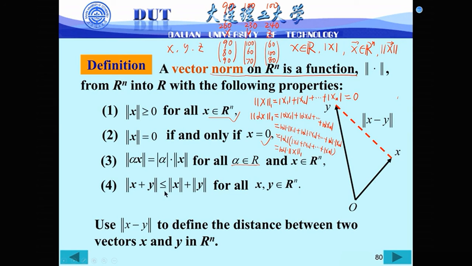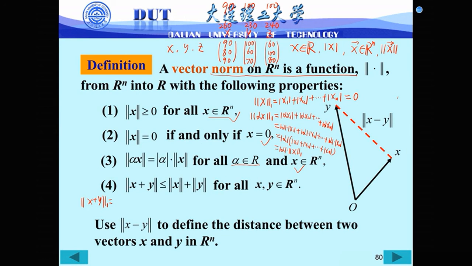Let's check the last property, x plus y. We need to suppose y is the vector with components y1, y2 to yn, the n components, right? So what is x plus y?